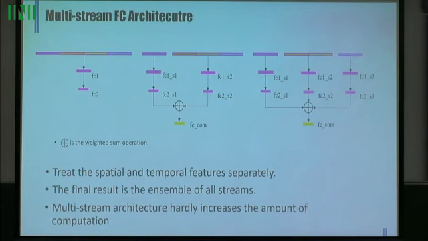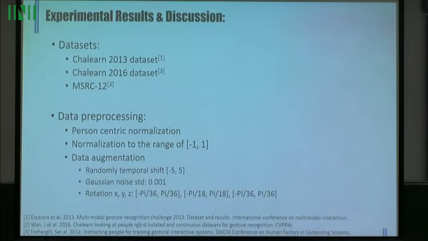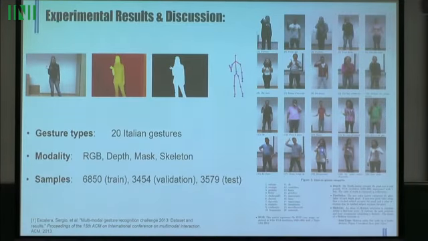So these are all the things we have proposed, and we have tested our method on 3 major data sets. Of course, we need to do some pre-processing like augmentation, centric normalization and range normalization. And this is the data set we have tested. It is based on 20 Italian gestures, Italian sign language.